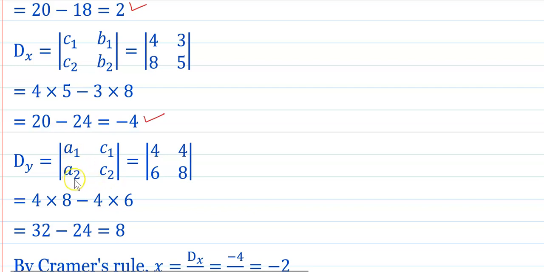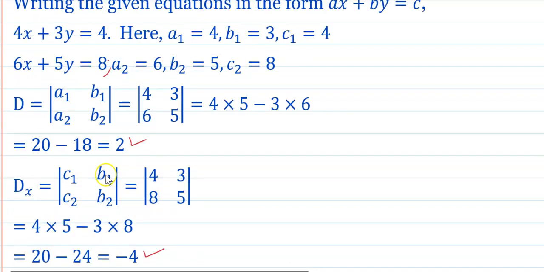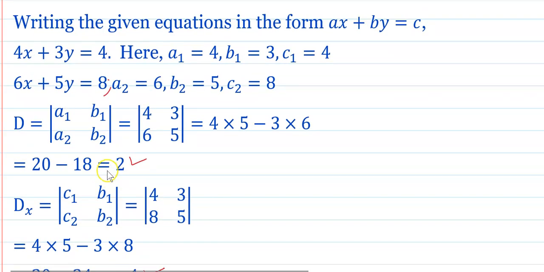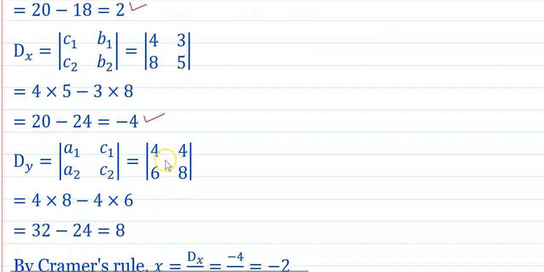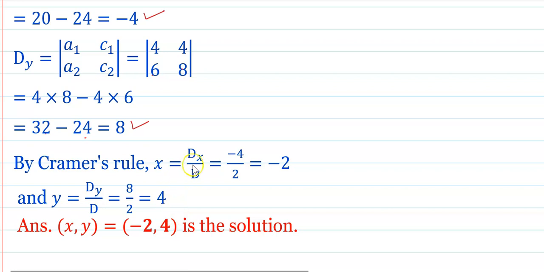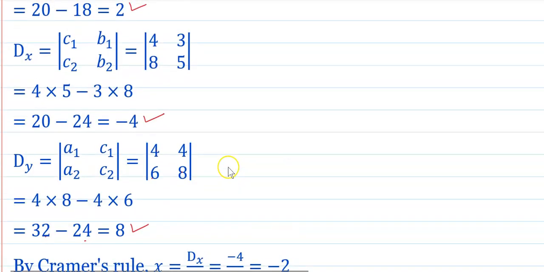Dy, a1, a2, c1, c2. Okay. My a1, a2 as it is, 4, 6 is as it is, then c1, c2, the 4 and 8. 4 into 8, you will get 32. 6 into 4, 24. 32 minus 24, you will get 8. Now the Cramer's rule, x is equal to Dx upon D, Dx is minus 4, and D is 2.